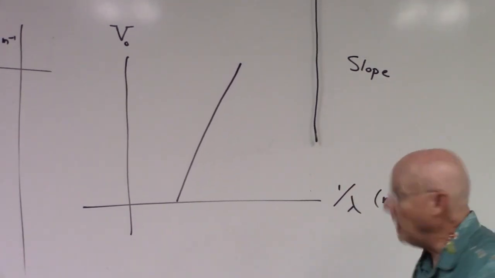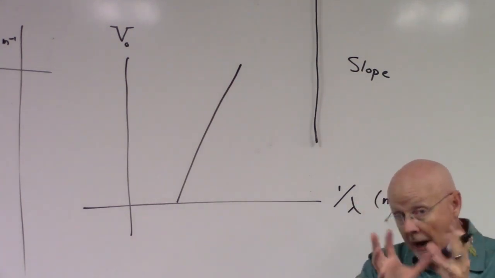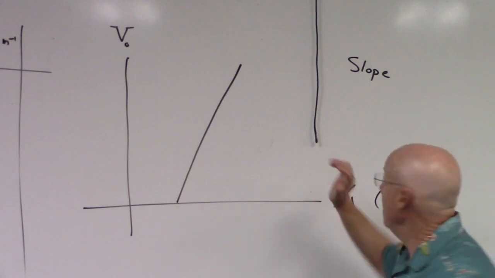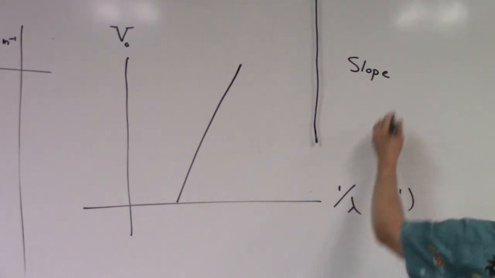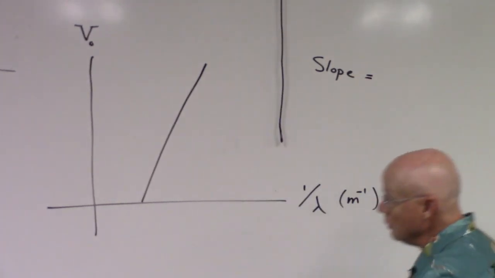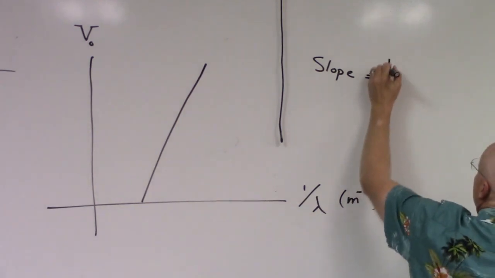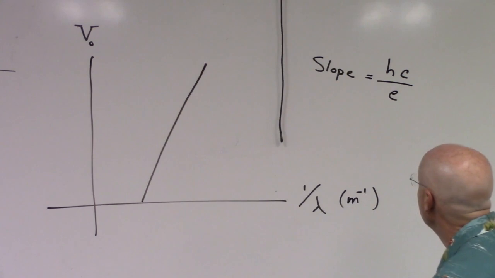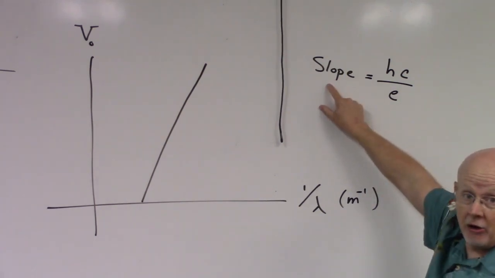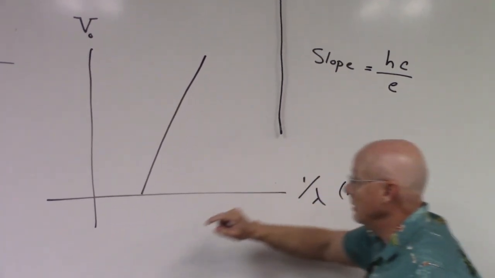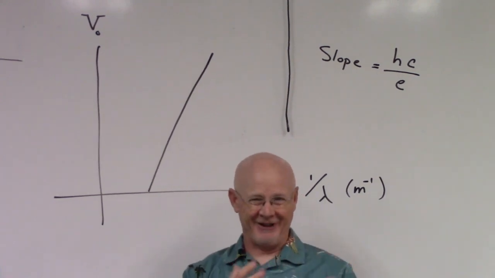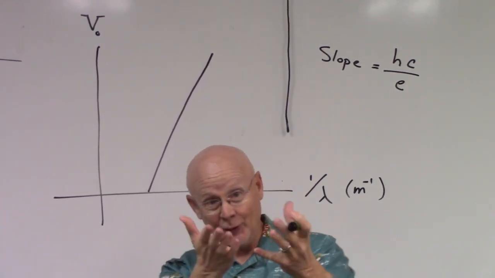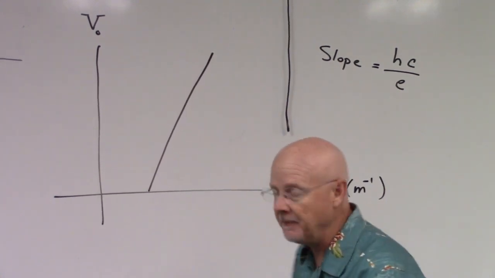But once you make this graph, do a linear curve fit, and as you know, the computer will tell you the slope. If you set the slope equal to hc over e, and you take your value of the slope, or maybe I should say our value of the slope, since we're doing this kind of online together, I collect the data, you analyze the data.